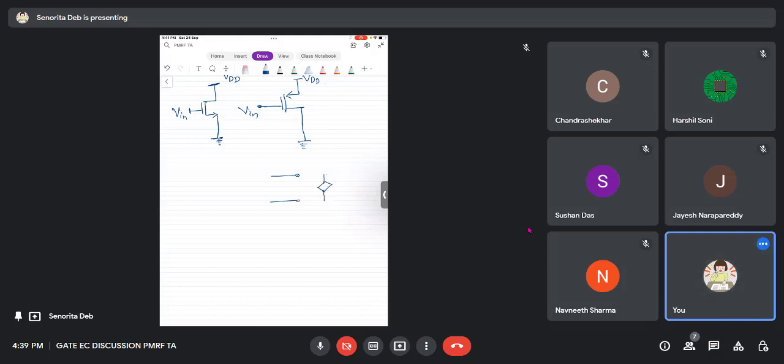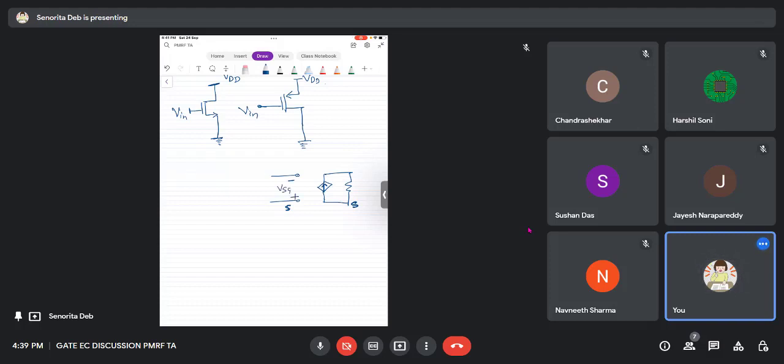So let us first draw the small signal. The current direction is now from source to drain, right? This is the source terminal here.